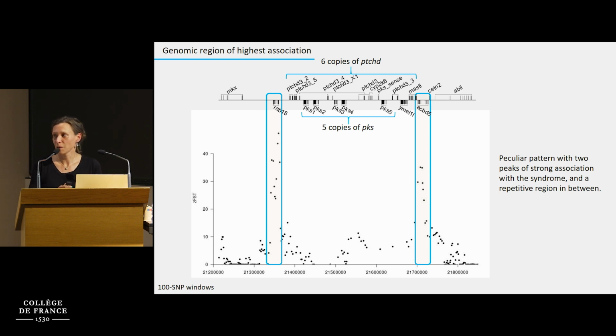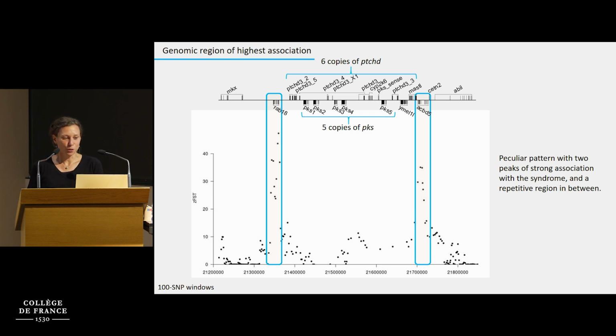The reference genome comes from an individual from Spain, so it is from a relatively distantly related lineage. So we don't exactly know what's going on in our Italian lineage in this region, but the Spanish reference genome has this interesting duplication pattern. We looked a little closer at the gene trees of these genes, and what we found is that they are a mixture of very old and very new duplicates. Some duplicates date back to the origin of reptiles, and some duplicates are probably species-specific to our wall lizards.